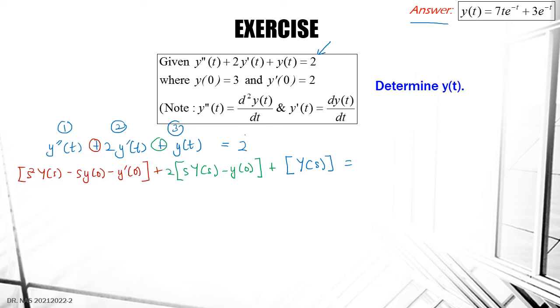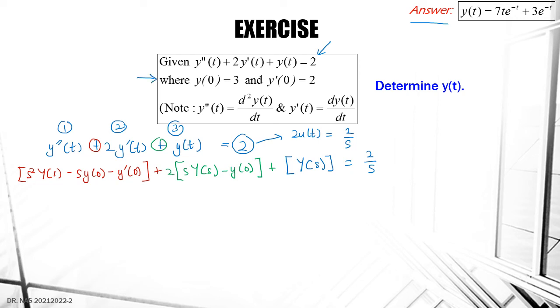And don't forget 2 is in time domain. So when you convert 2 into s domain, it will be 2 ut, which is equal to 2 over s. Okay, next replace y naught and y prime naught.